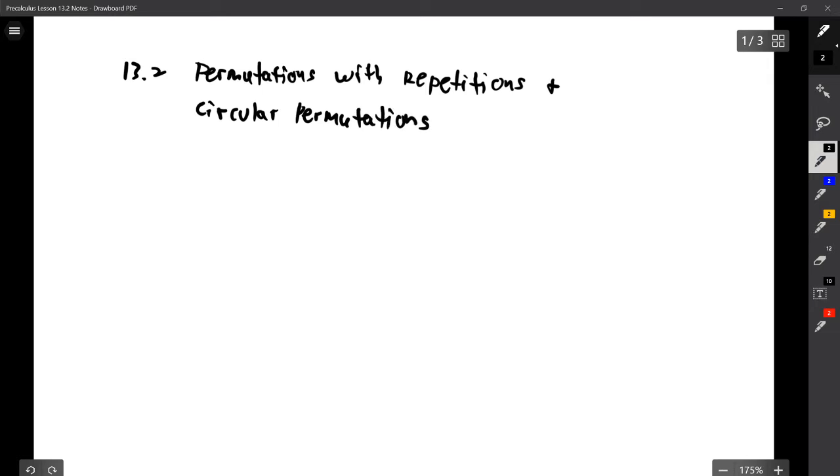So what we're doing is we're taking permutations from lesson 1, and we're just adding two varieties, two caveats, kind of two things that are not necessarily unique situations, but different from just a regular permutation and how to accommodate for the situation. So, for example, dealing with repetitions.